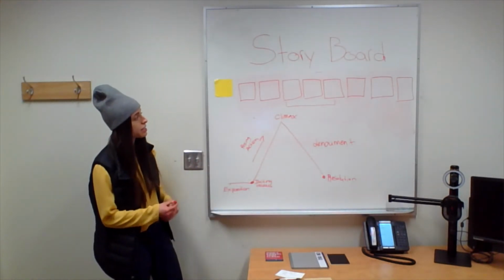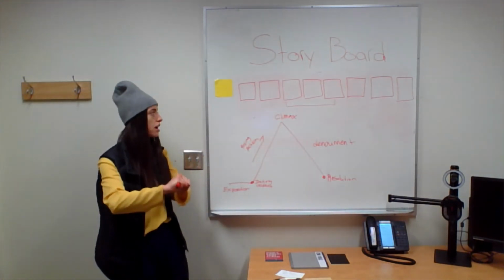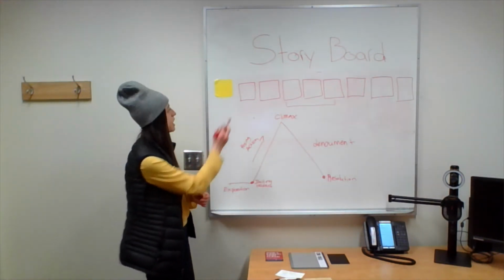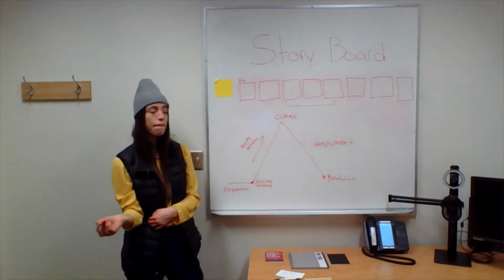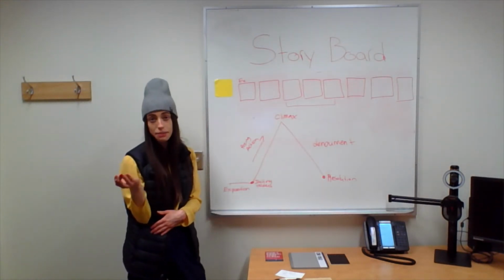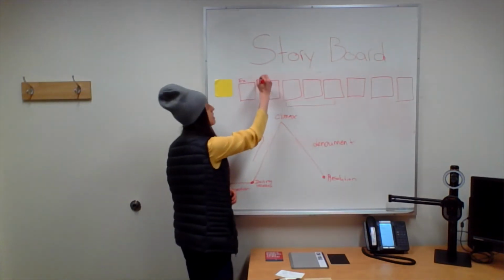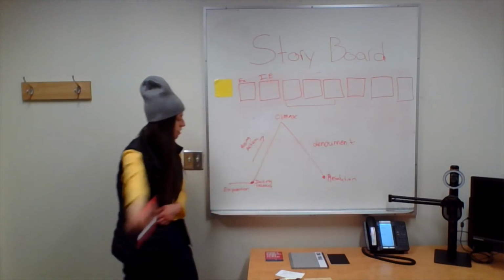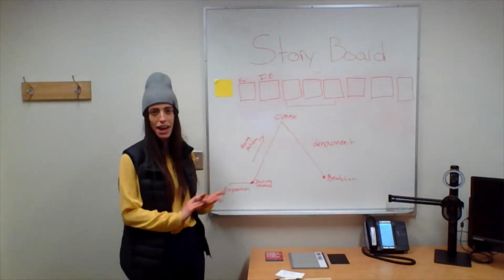So as you can see in these boxes here, they would illustrate in an intermediate classroom, first the exposition in this box, which would be ideally the beginning of the story, and then the inciting incident in the second box. So this is any piece of information that's going to bring us to the climax.